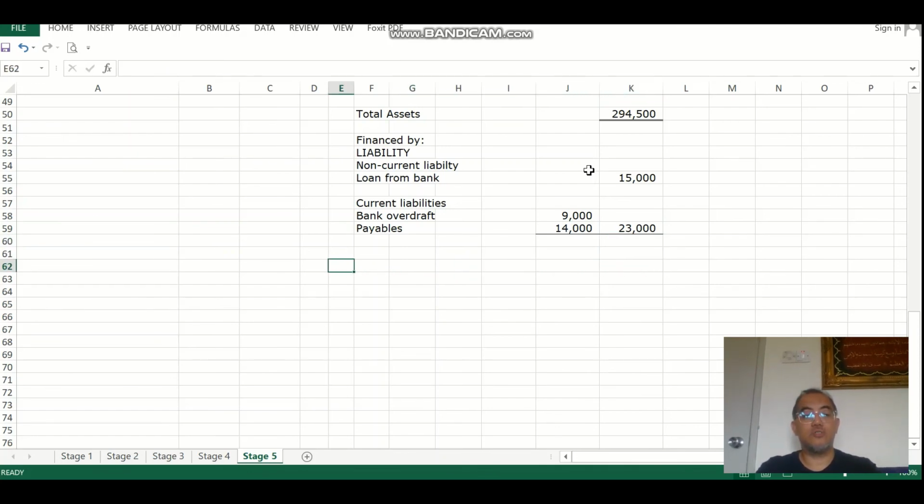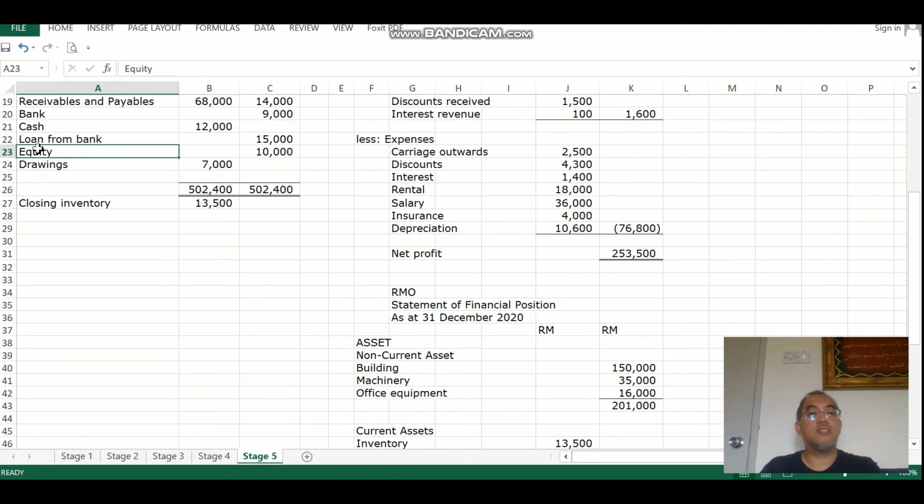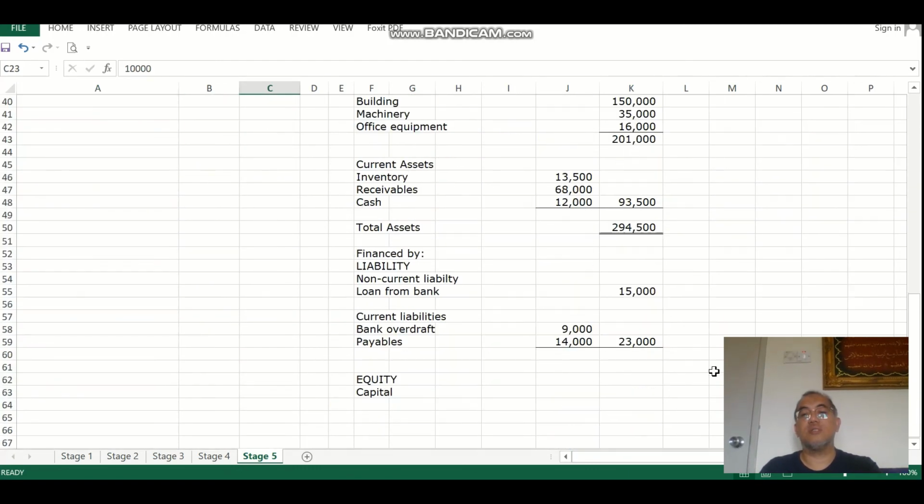Okay, move on to our equity. So equity consists of your capital. How much is your capital? Capital. This is equity. So 10,000. So just put here 10,000, and I add my net profit. Just now we have profit, correct?